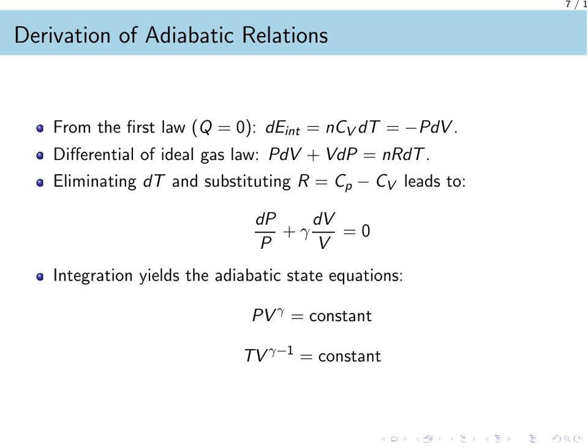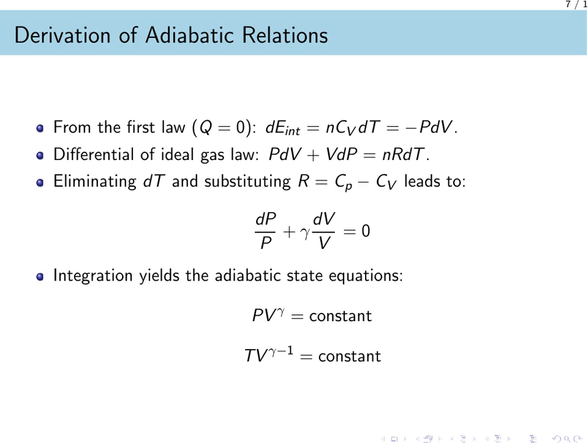To derive the equations for adiabatic processes, we start with the first law of thermodynamics, where heat is set to 0. This tells us that the change in internal energy, which is the number of moles times the molar specific heat at constant volume times the change in temperature, is equal to the negative of pressure times the change in volume.